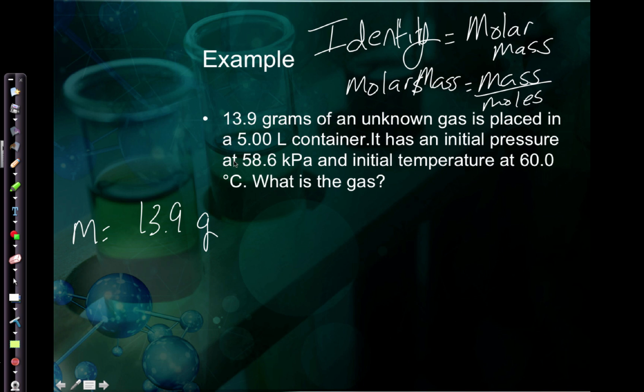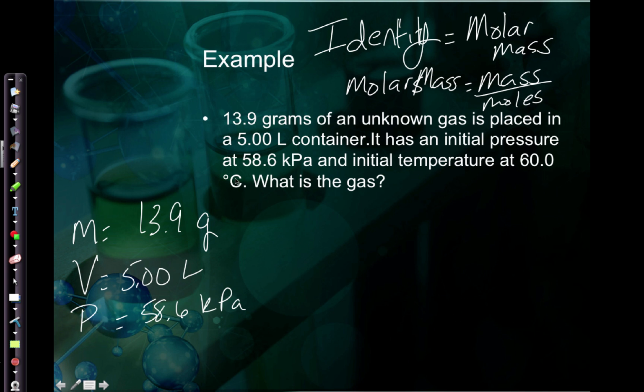The volume of the gas is 5 liters, and it has an initial pressure of 58.6 kilopascals. Even though it says initial pressure, I'm not going to label it as P1. It's not a combined gas law problem because nothing is changing here. It's just giving you a bunch of information, so it doesn't give me a new temperature.